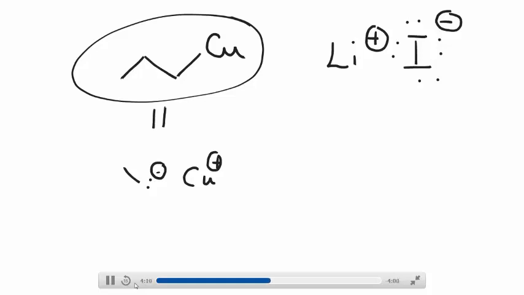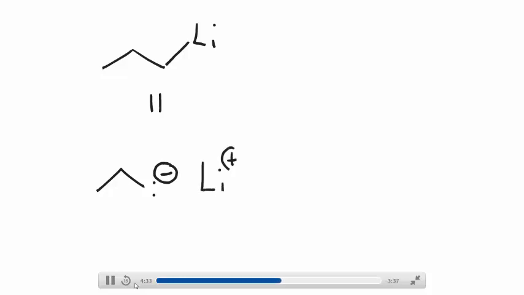Well, copper, like I mentioned before, is one of these metals that can undergo different oxidation states. And so it's going to accept some more electrons from another organolithium complex. There's our organolithium complex, which again really is the carbanion and the lithium.